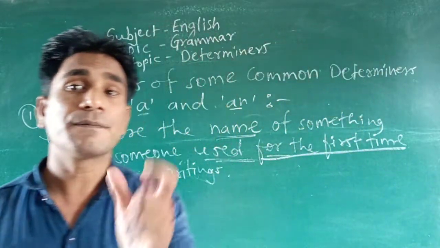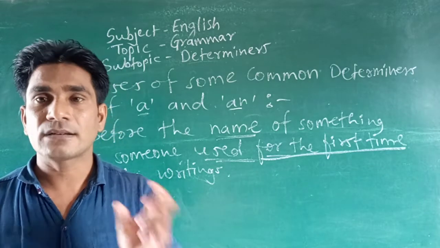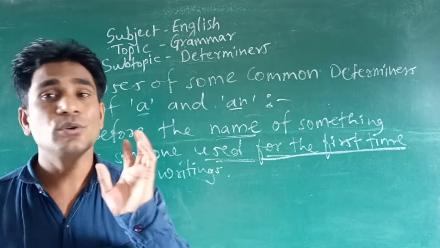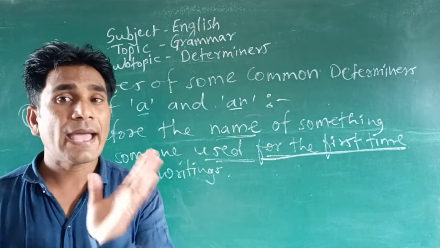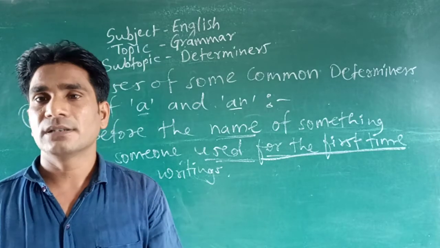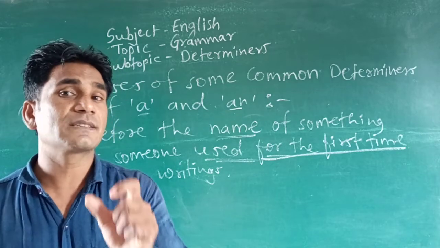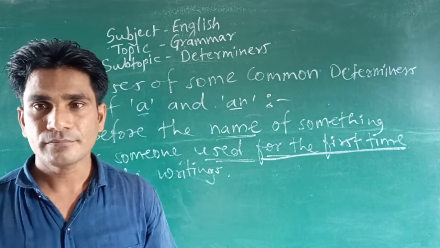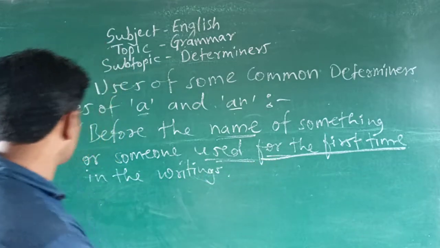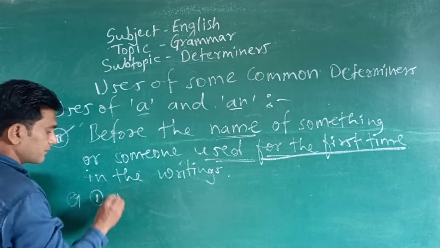But for the first time, if you are using that noun, in that case you have to use a or an according to the beginning sound of that noun or that name. Got it? Look at the example. A story is there.